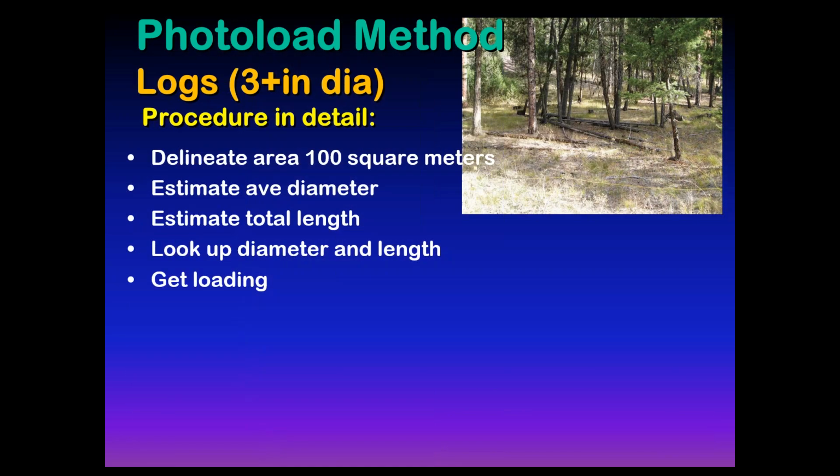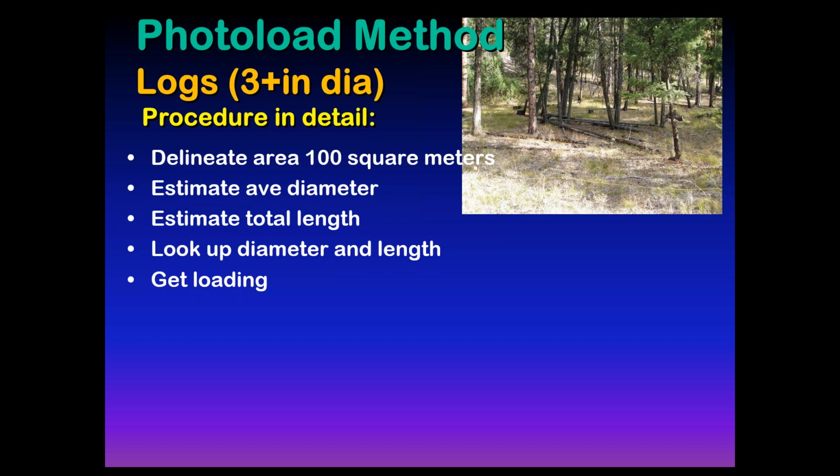And this method turns out to be much more accurate than the photo series of the Photoload technique. And it's scalable and everything. So this new method is the same thing. You delineate your area, and then inside you can estimate by eye, or you can measure the diameter that's out there.